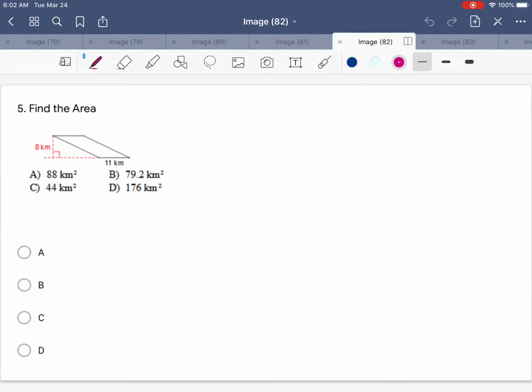Number 5, again, a parallelogram. So if you're still confused, look back at the video at the top of this lesson. Basically the same. It's worded a little bit differently. So on a parallelogram, it's area equals the base times the height, and then it's still whatever the answer is with the units squared.